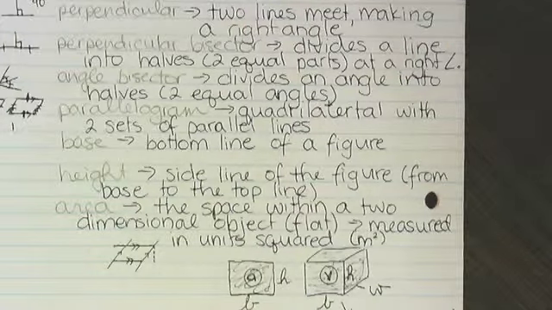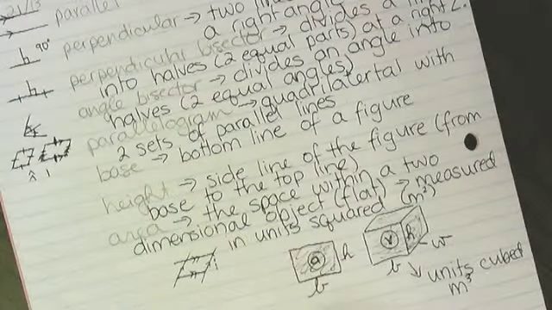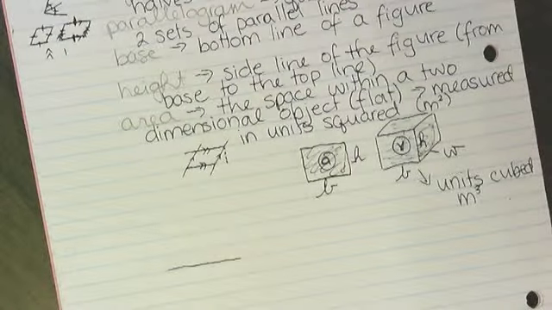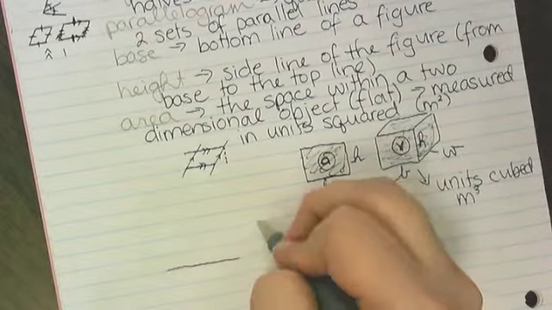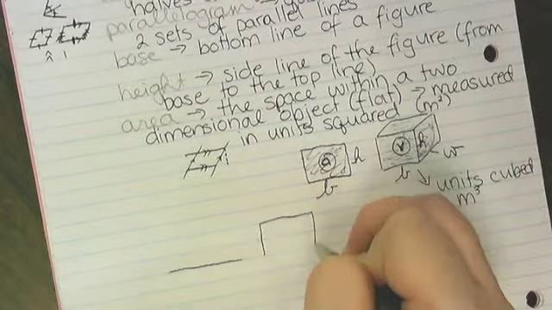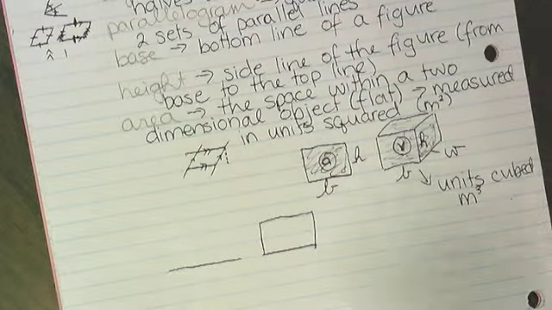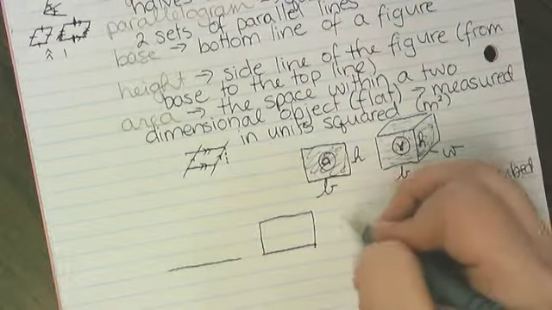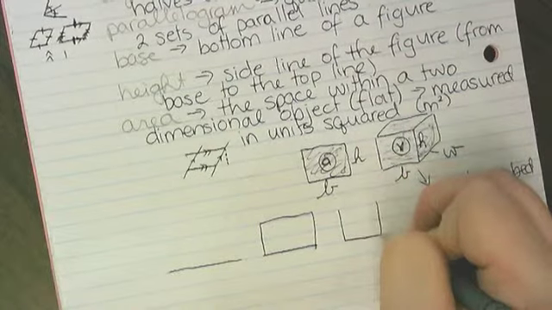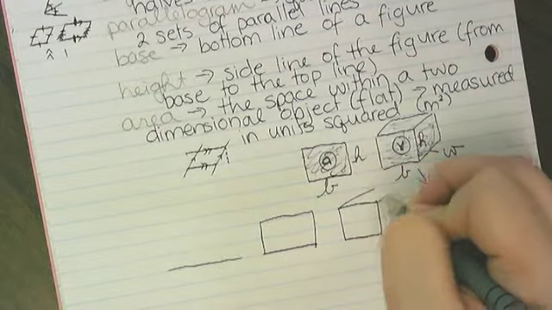Basically what happens is you have the first dimension. If you square the first dimension, you have the second dimension. If you square the second dimension, you have the third dimension.